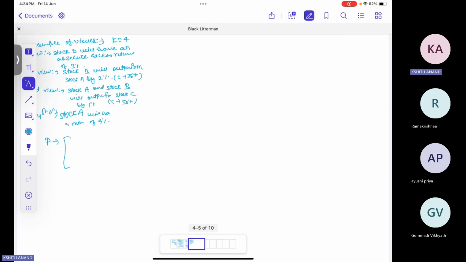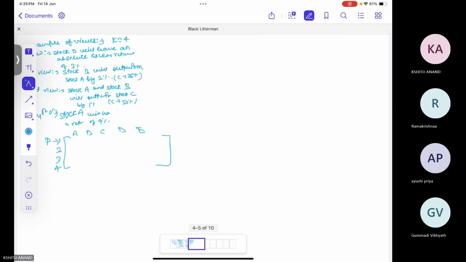By using these views, first of all, let us go for the first view. This is about stocks A, B, C, D, and E. This is the first view, second view, third view, and fourth view. What is the first view? Stock D will have an absolute excess return of 3%.